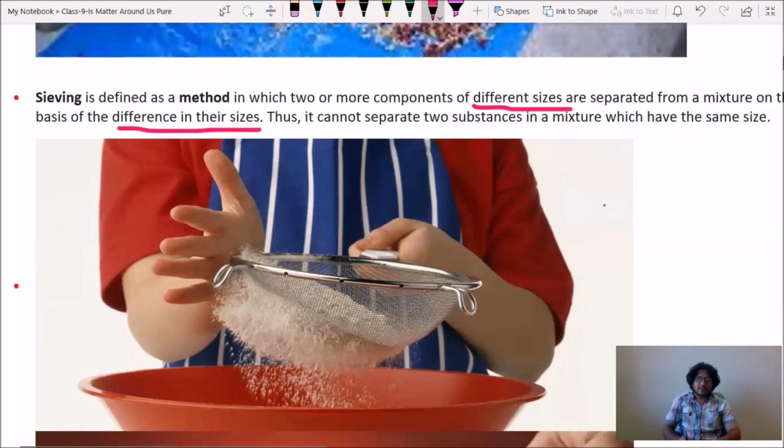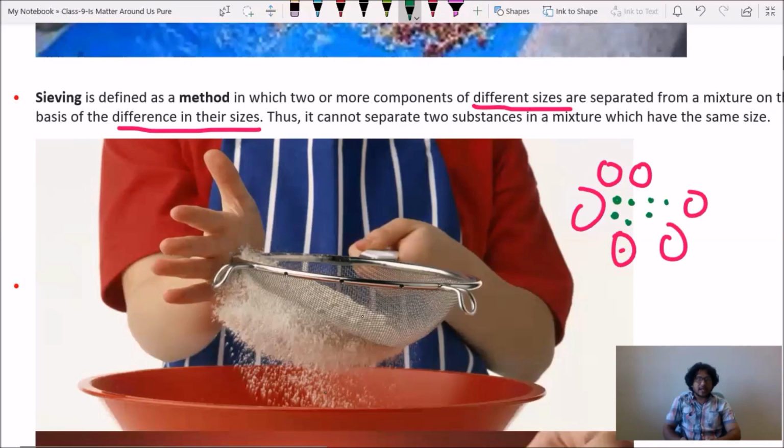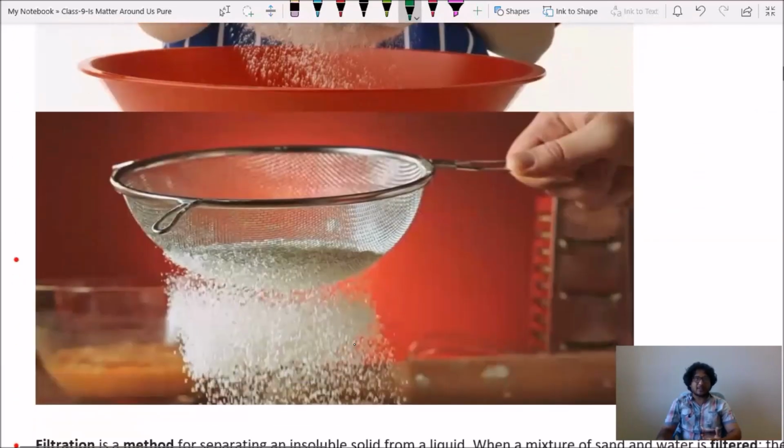Consider we have a mixture of big particles and at the same time small particles. When these components are passed through the sieve, automatically small particles will come down and big particles will settle there. That process is known as sieving. In this picture also you can observe what is meant by sieving.